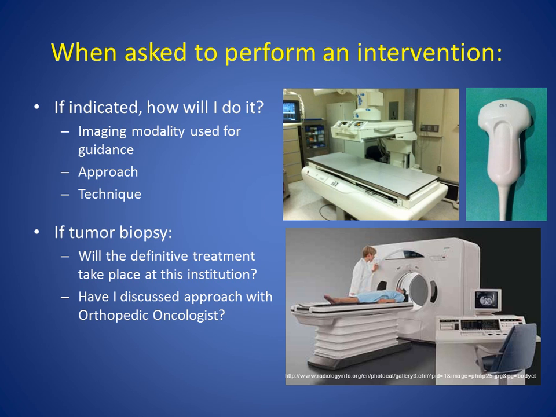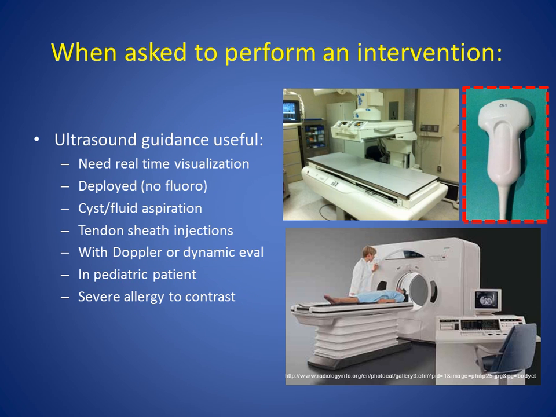If it's not going to happen there, don't biopsy it. Okay? Have you discussed your biopsy with the orthopedic oncologist? And specifically, one of the things in that conversation needs to include where your needle is going to go. If it's a sarcoma, that matters. An erroneous placement of a needle for a sarcoma will change the surgery and could change the patient's prognosis.